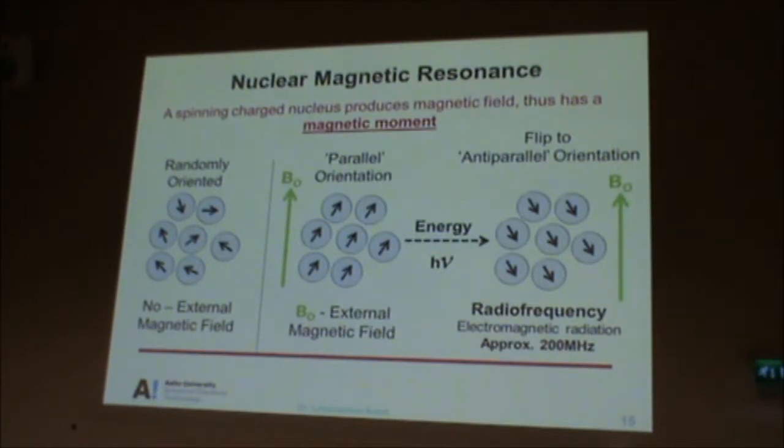That energy is different from a proton that is bound to, let's say, a nitrogen. So different nuclei have different energy requirements to make this flip happen. The energy falls in the radio frequency range, around 200 megahertz, and based on this flip, we can estimate the kind of nuclei present and the amount of these nuclei present.